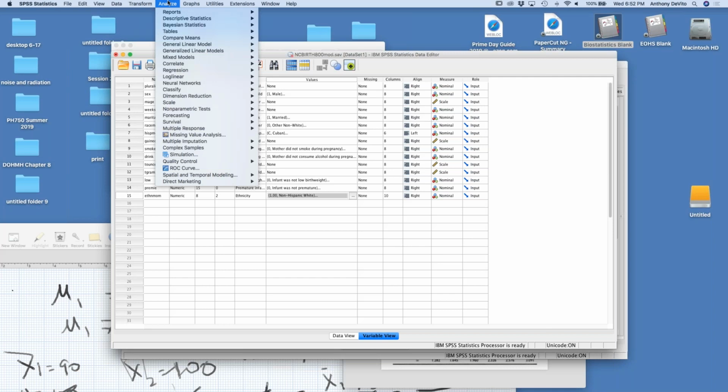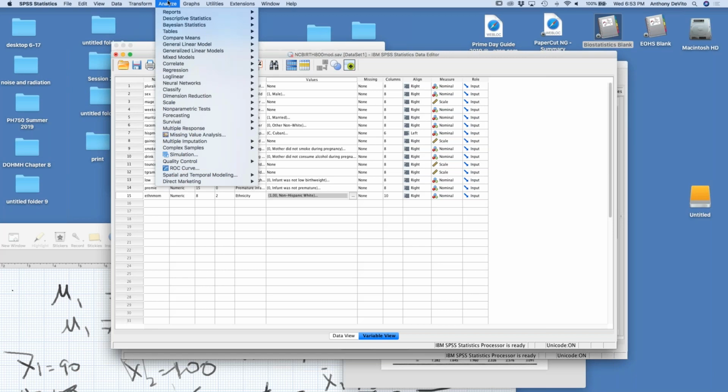What's my null hypothesis here? My null hypothesis is the mean for group 1 is equal to the mean for group 2, is equal to the mean for group 3, is equal to the mean for group 4. That is, the mean birth weight for non-Hispanic white mothers is equal to the mean birth weight for non-Hispanic black mothers, is equal to the mean for Hispanic mothers, is equal to the mean for other mothers.